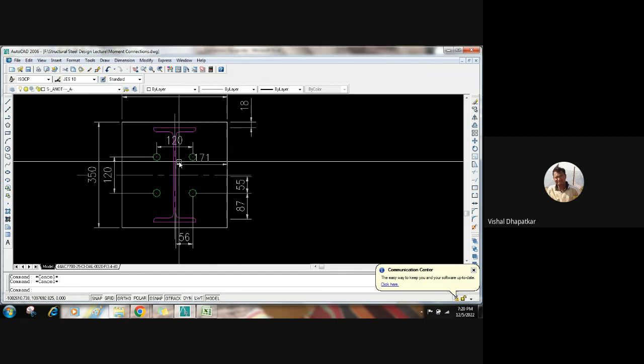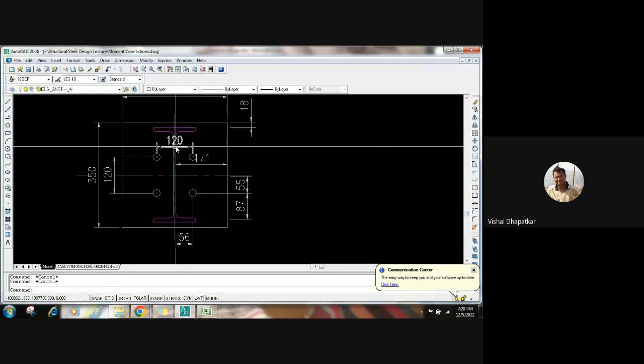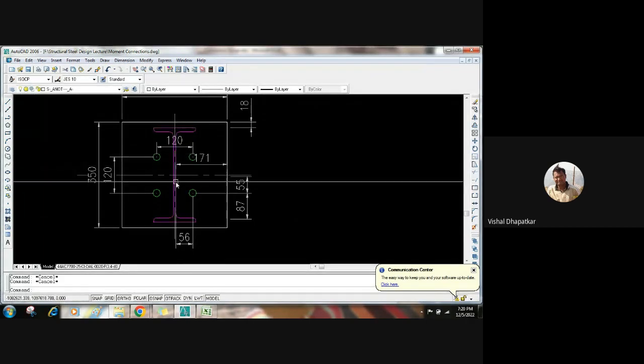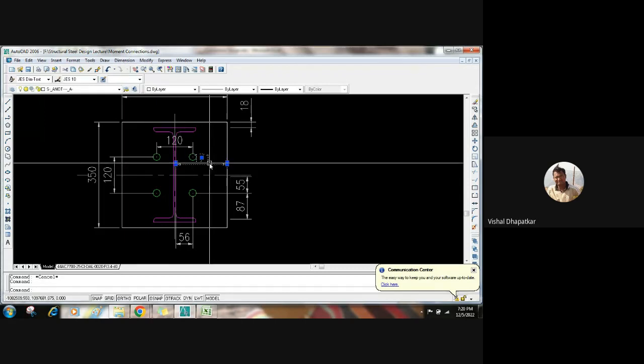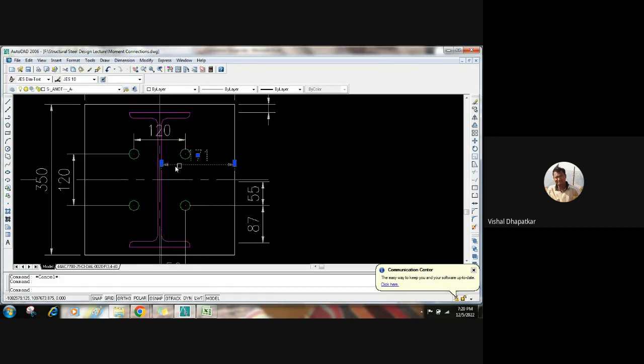It will get some support at this flange. After some length, this flange support will not work, and the plate will try to bend against this web. So this is the actual effective length of the cantilever portion. For this length, we have to calculate the thickness.